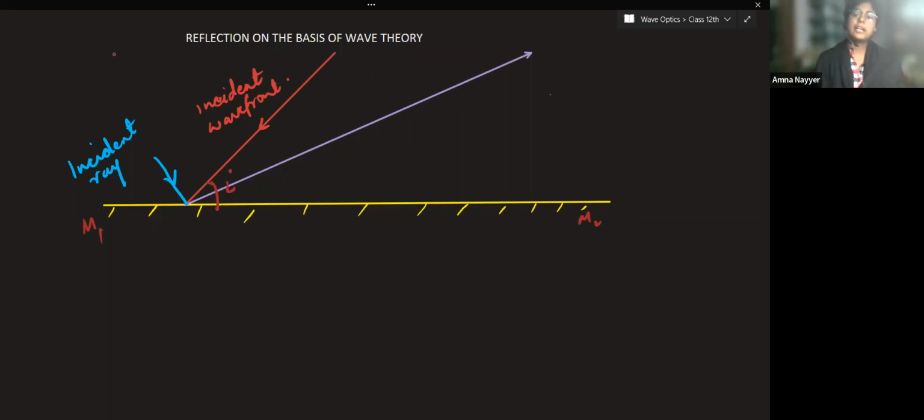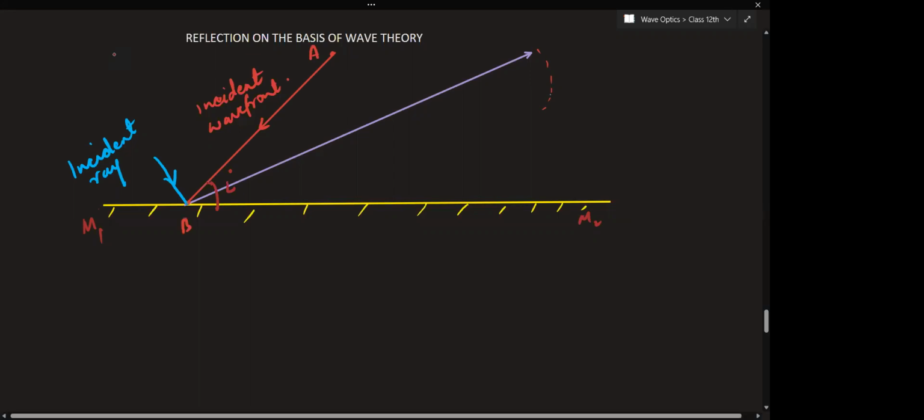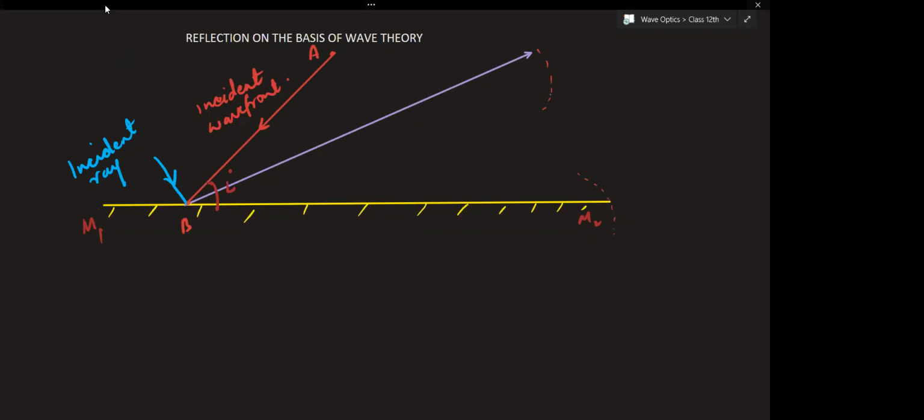Now, all the points present on the reflected ray will act as fresh sources of disturbance, right? Let's say I'm taking one point here and another point here. This is A, this is B. So one arc I take here, and one arc I take over this side.